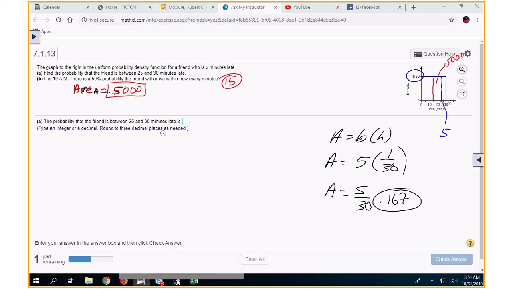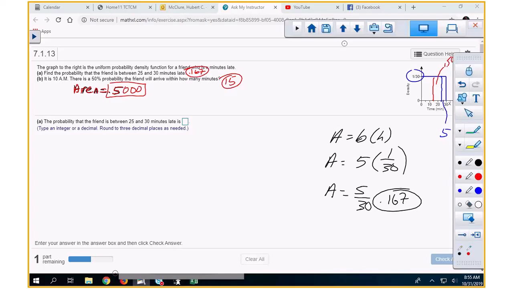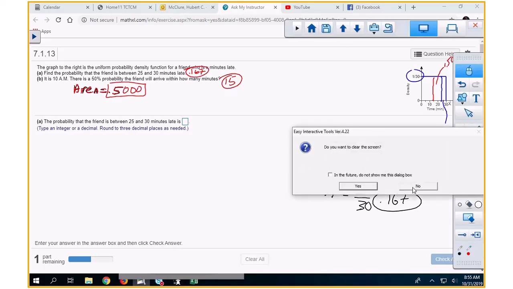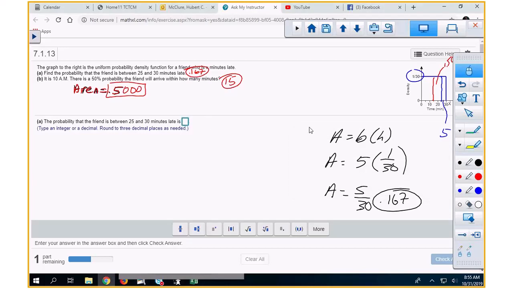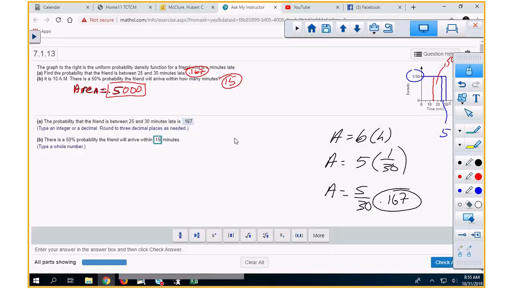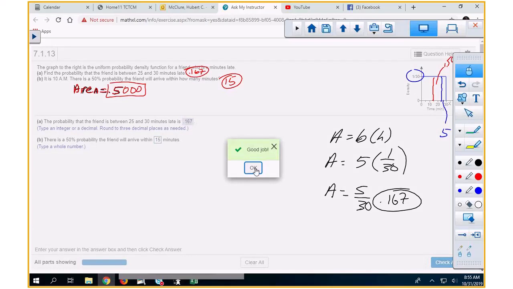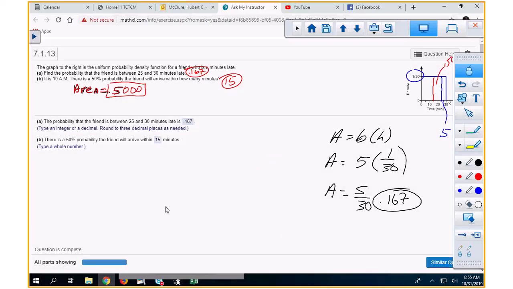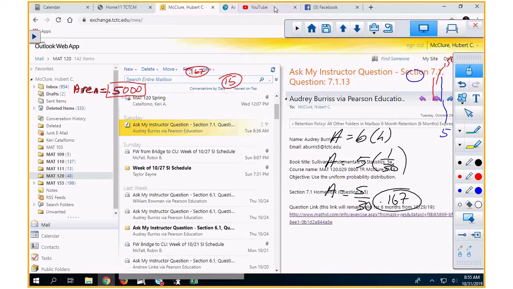So 15 minutes, you're talking about half, and this would be 0.167. So we've typed that in. And that's 0.167. I think they tell you to round it to 3, don't they? Yes. And 15 minutes. And we feel good about ourselves. And that's the homework questions that were sent to me.